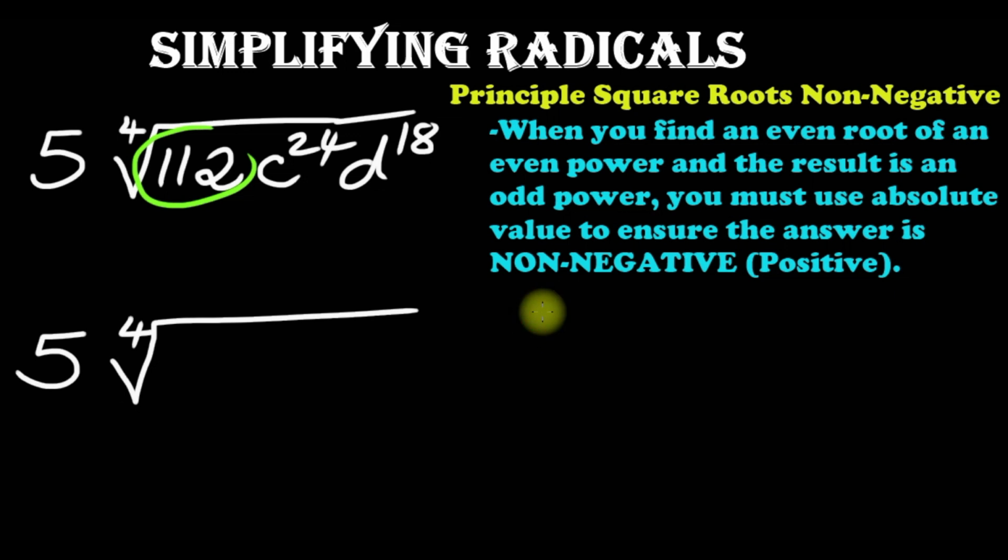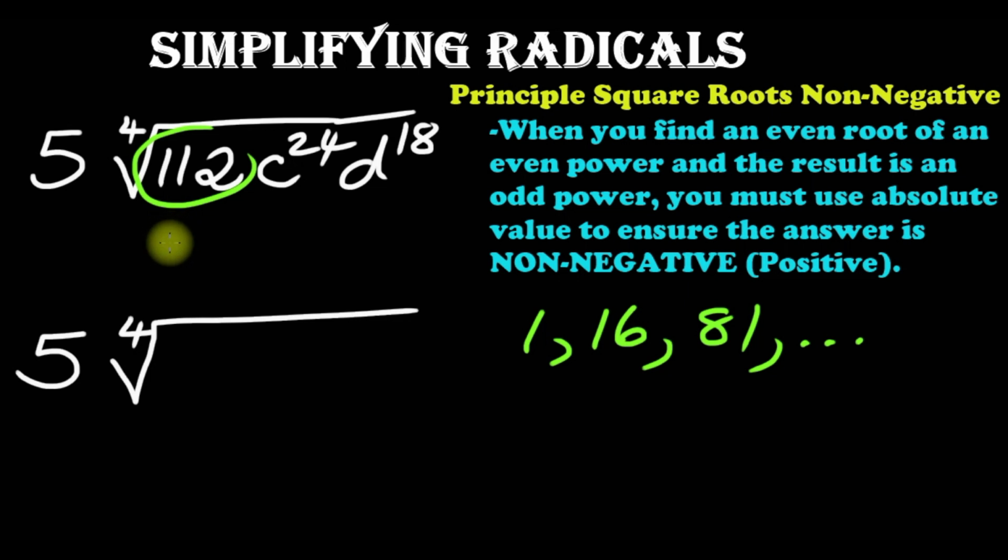Perfect 4th roots: you've got 1, you have 16, and the 4th root of 16 is 2, and then you have 81, and so on. Looks like we can divide by 16. 16 goes into 112 seven times, so we can go 16 times 7, which gives us 112.